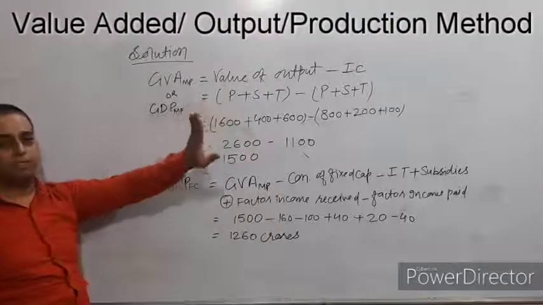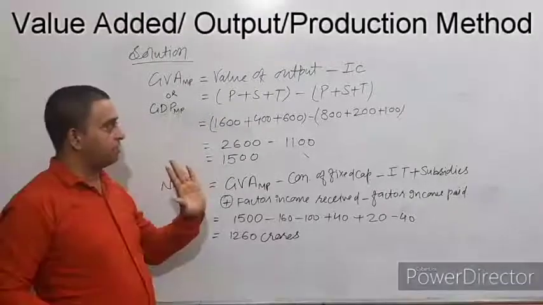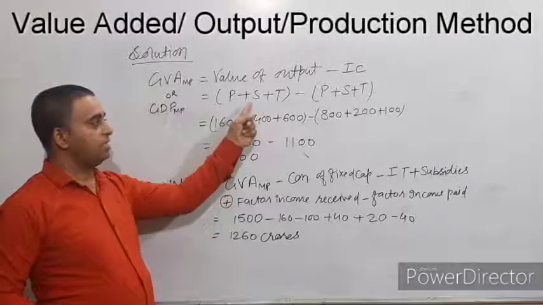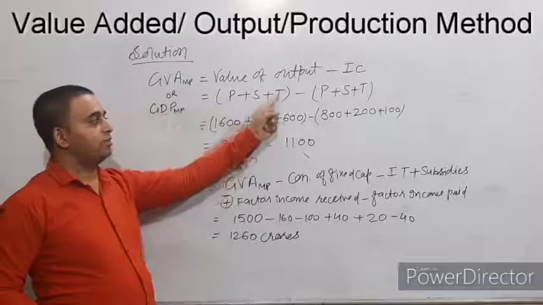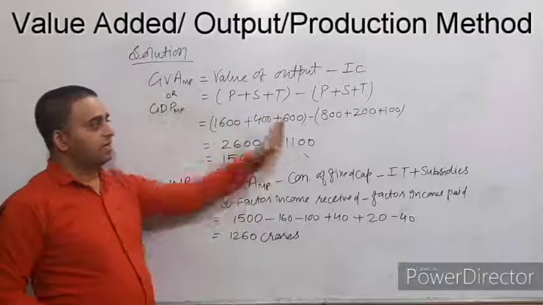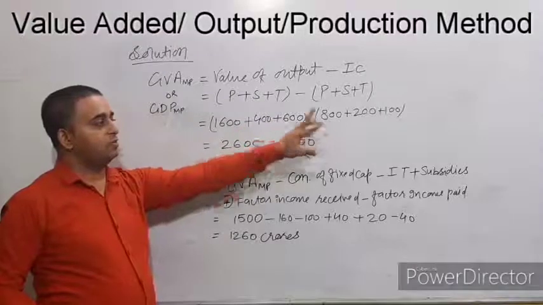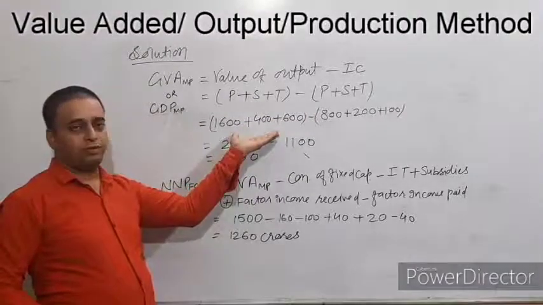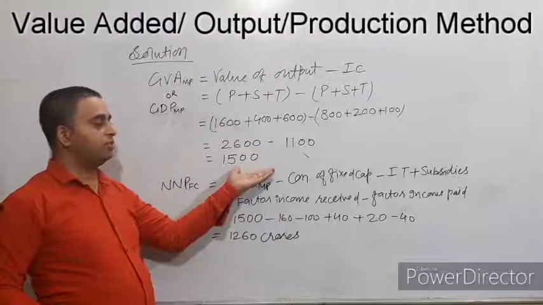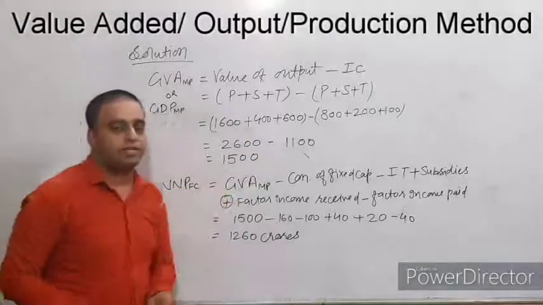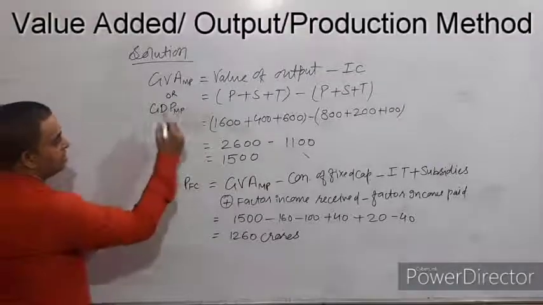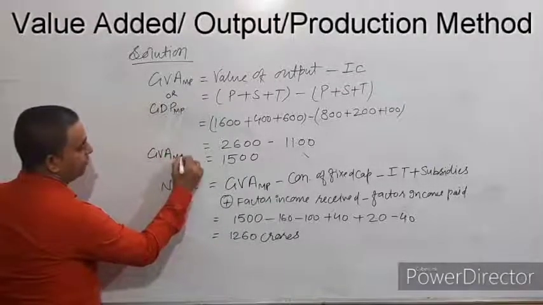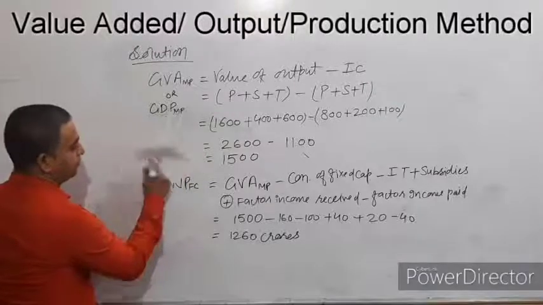Value of output, it means we know very well the sectors. Primary sector value 1600, secondary 400, tertiary 600, and here 800, 200, 100. We have to write down here, then calculate, and we get 1500. What is 1500? GVAMP, gross value added at market price.